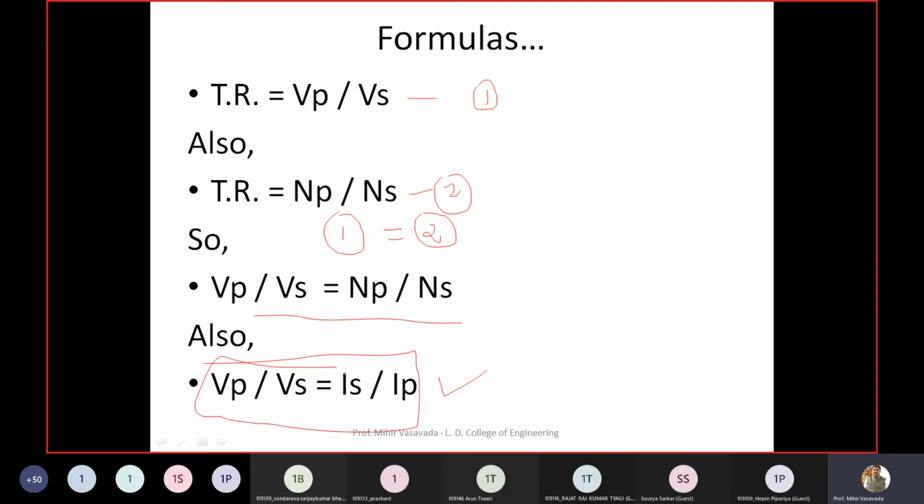Vp upon Vs is Is upon Ip also, because as we know, power is the same. So Vp into Ip, that is power on the primary side, equals Vs into Is. Actually, there is a term cos phi also when it is power, but just for explanation, on both sides your KVA is the same. So you can use this equation also, you can remember this equation.